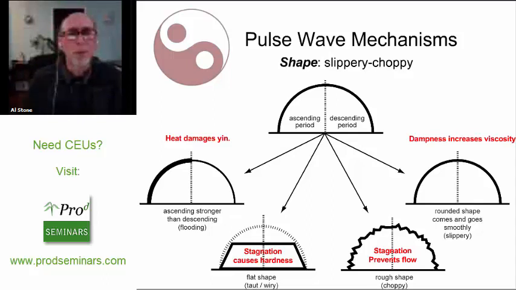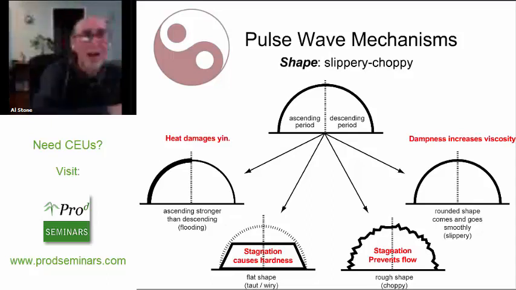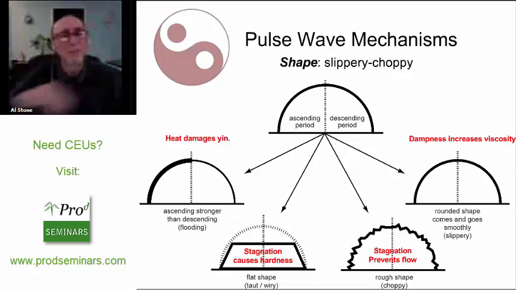This is a situation where the pulse rises very strong, but then goes away kind of weak. So it feels like a wave that comes and crashes and then just sort of descends.